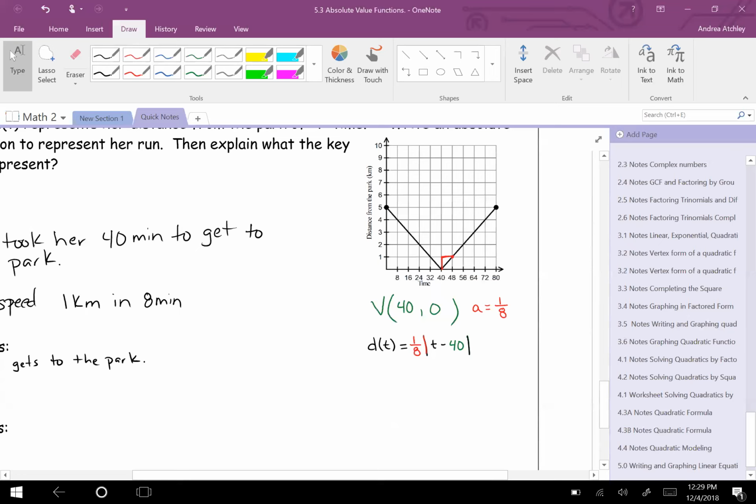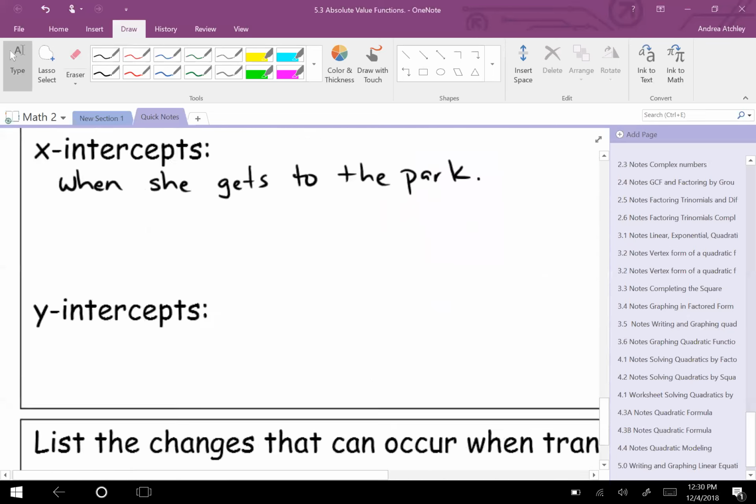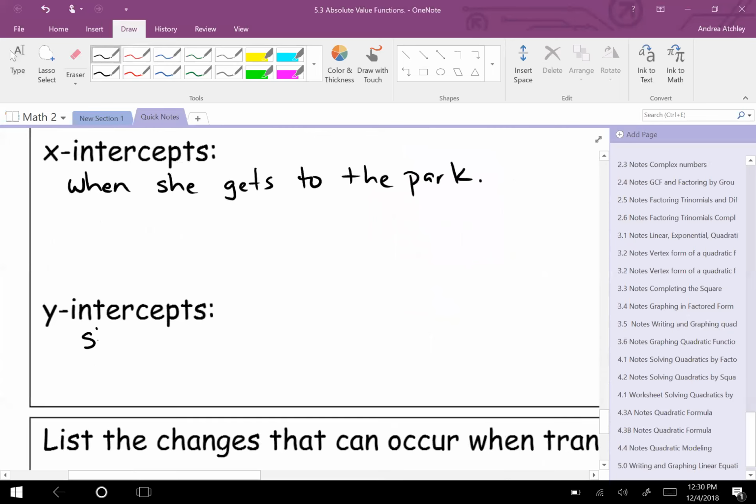So her house is 5 miles away from the park. Does that make sense? Okay, she lives 5 miles away from the park.